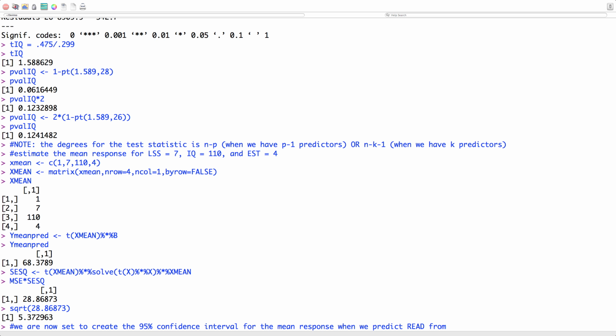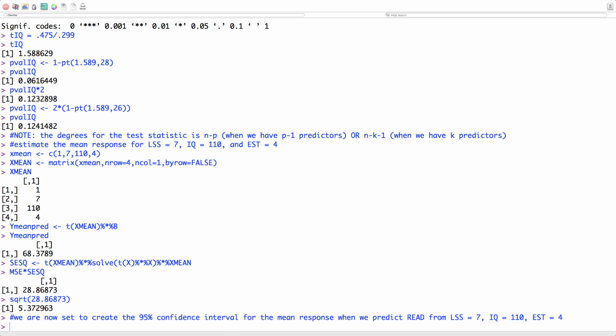So guys, finally, we are now set to create the 95% confidence interval for the mean response when we predict reading for LSS equal to 7, IQ equal 110, and EST equal 4. Okay, so let's do this. Now guys, remember, what do we do in a confidence interval?